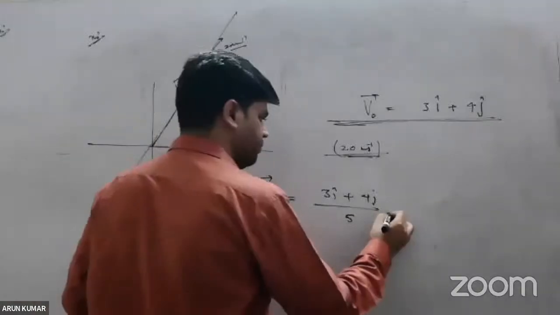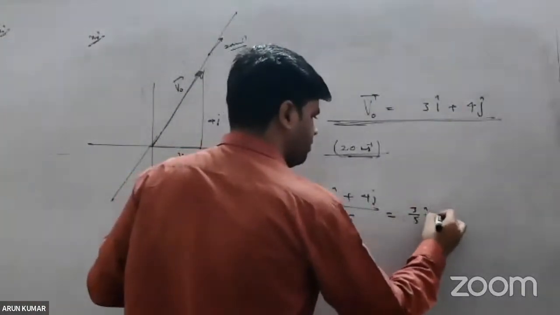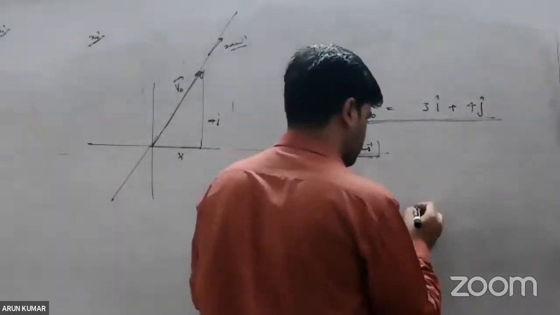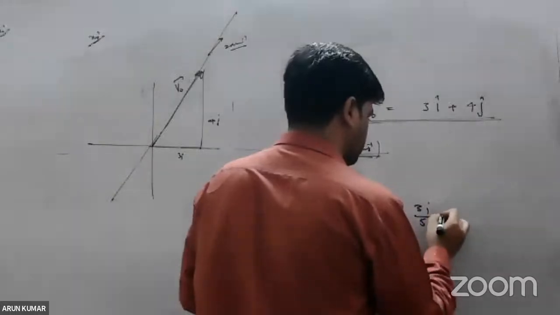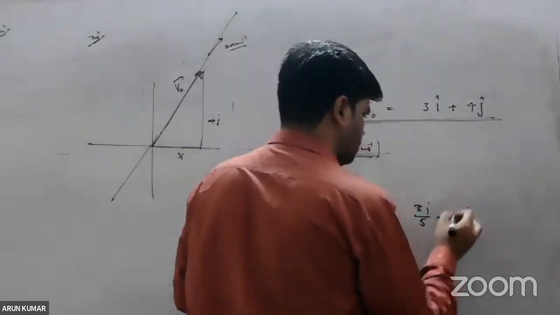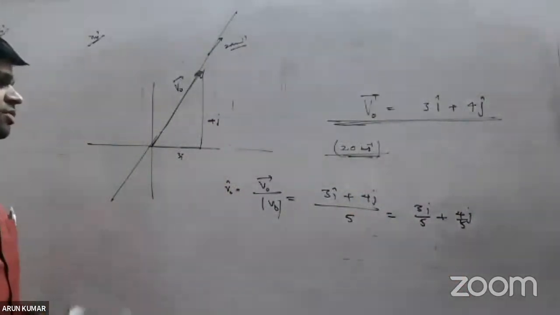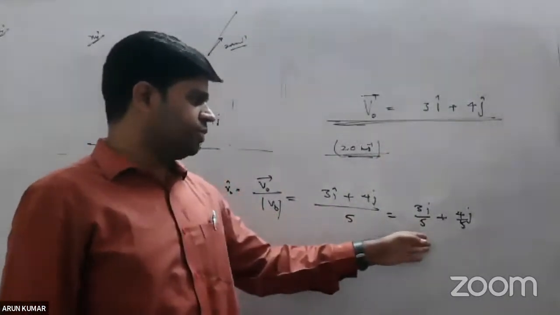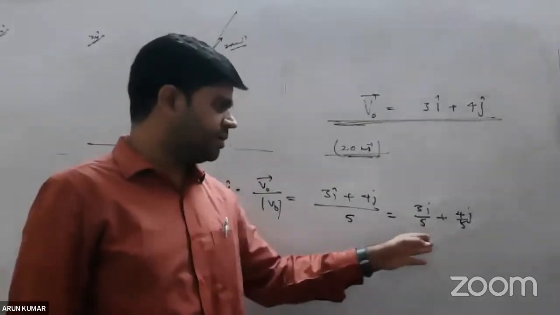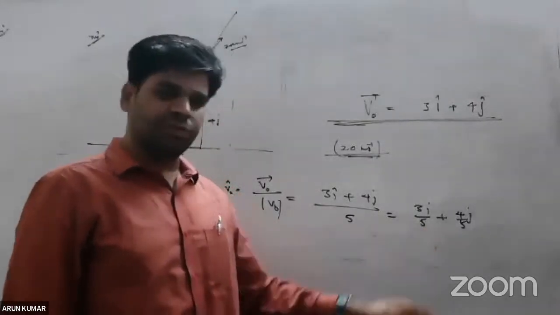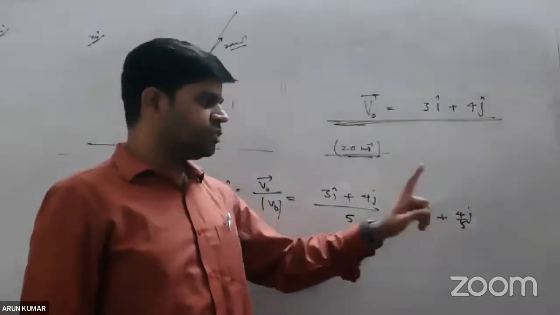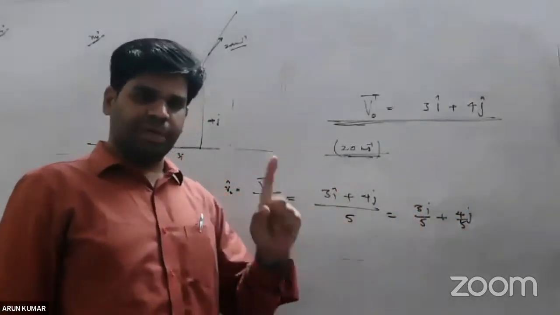That was quick. Very good. 3 by 5 I cap plus 4 by 5 j cap is my unit vector. What's the magnitude of this one? If you take the sum of squares and the root, 3 square by 5 square plus 4 square by 5 square is 1. Under root is 1. So its magnitude is 1.